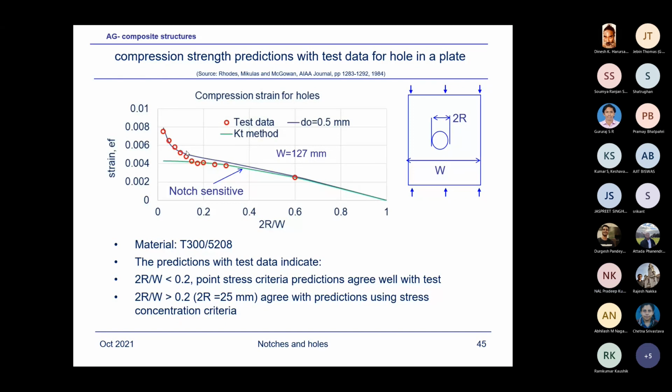This is what we normally would use. If the hole is like 2 inches, you don't have to worry about the point stress criteria. You can just use KT. If you can determine the KT value for that layup, then 1 upon KT with configuration factor Y will give you the notched strength. Now, this is true for the hole only. For a crack, irrespective of its size, you have to always use the point stress or Mar-Lin approach. Does this provide enough explanation for my reasoning of using KT?